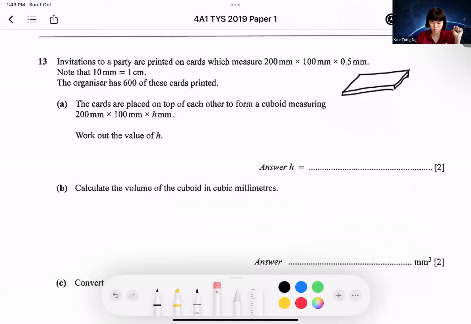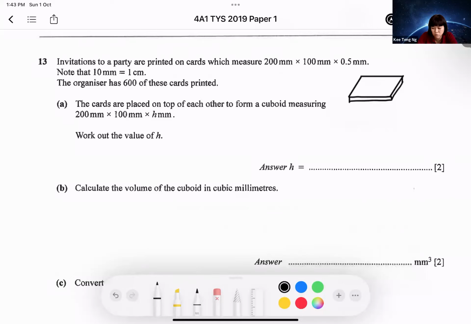Oops, the way I draw it is not very nice. Maybe let me draw nicer. Okay, so length, breadth, and height. And note that 10 mm equals 1 cm.